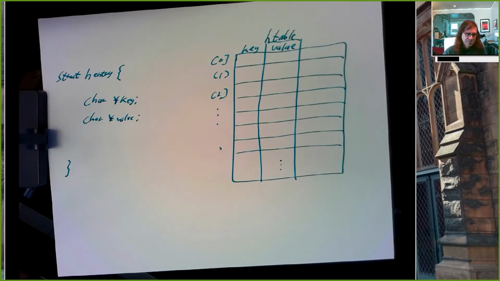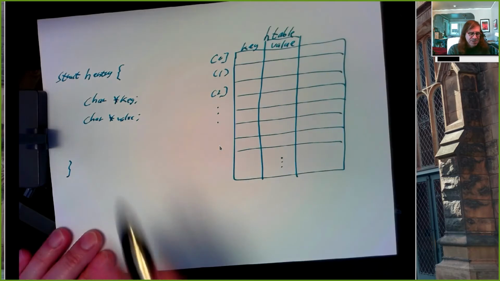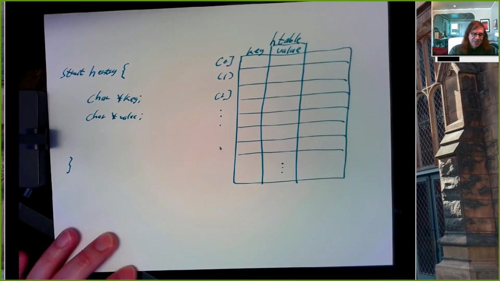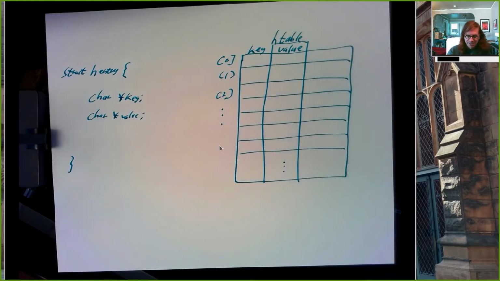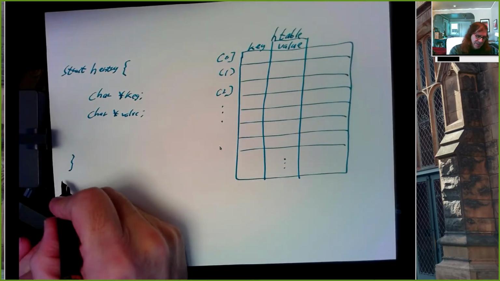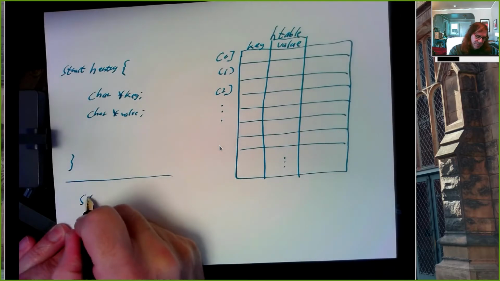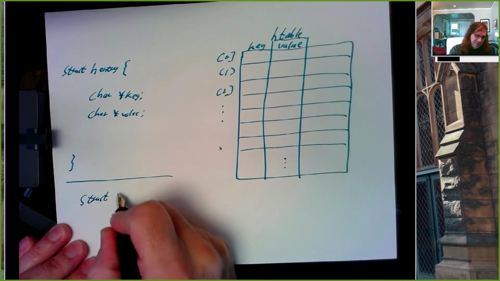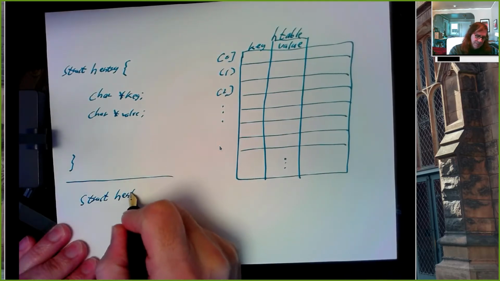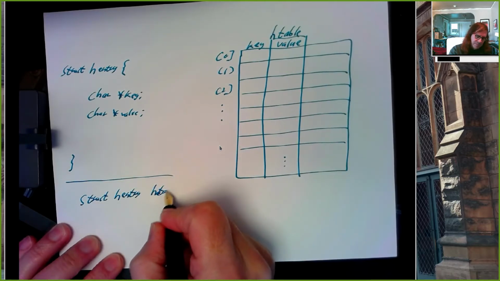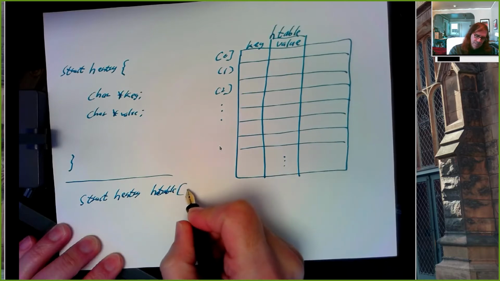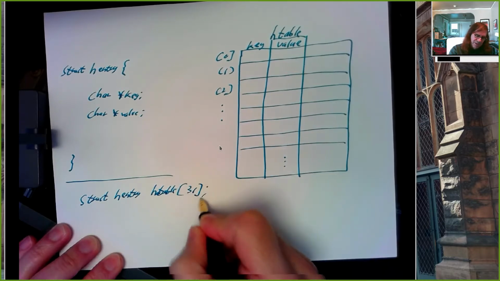All right, so I'm going to make a structure called hash entry that contains keys and values. And so htable would be an array of H entries, however big we need it.